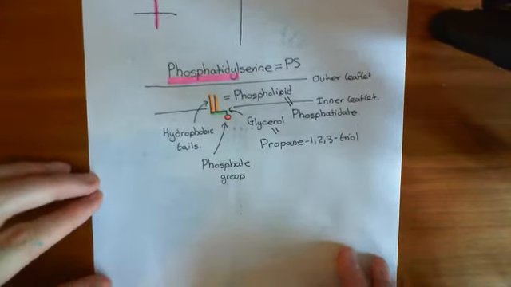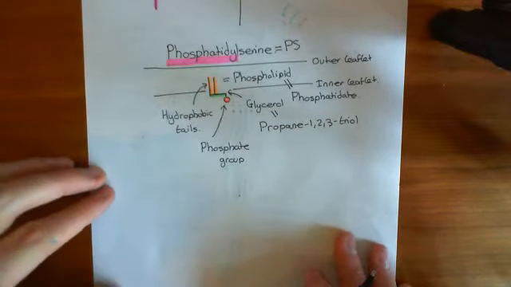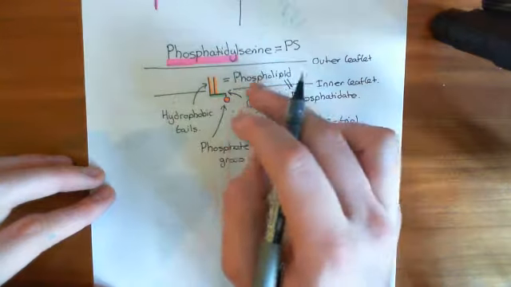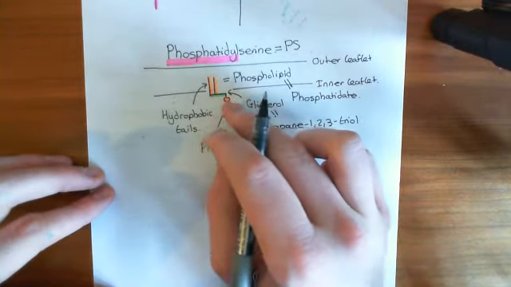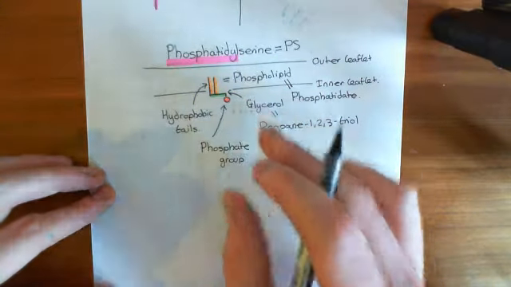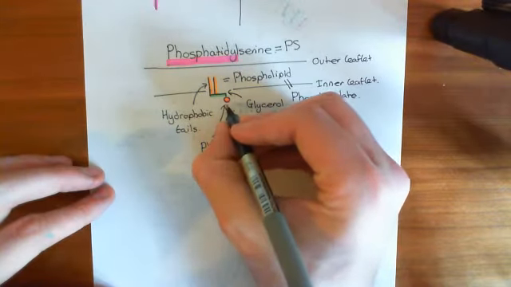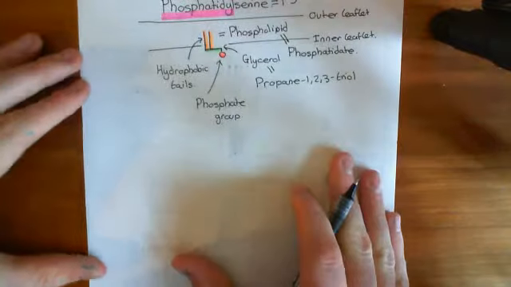So let me show you how you're going to modify it. What you're going to do is take the amino acid serine and bind it to the phosphate group on the phosphatidate molecule. So I'll draw the molecule out in its own right.